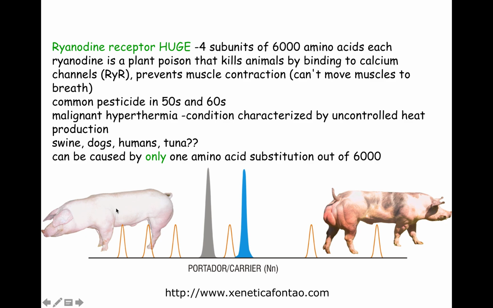And there were spontaneous mutations in these pig breeding colonies that made pigs that look like this. If you notice, they're really cut, with very good muscle definition compared to this guy over here. These were thought to be desirable because they were very lean. They had very low body fat.